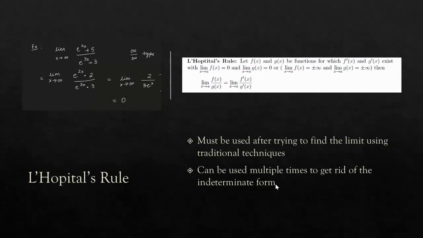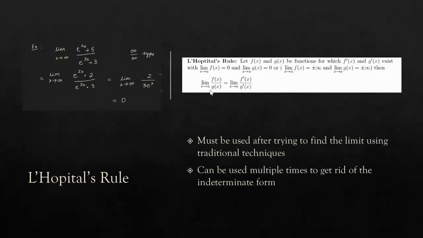For this, you would use the formula up here, which is basically that you take the derivative of the numerator, you take the derivative of the denominator, and that way it simplifies it, and then you plug a back in.